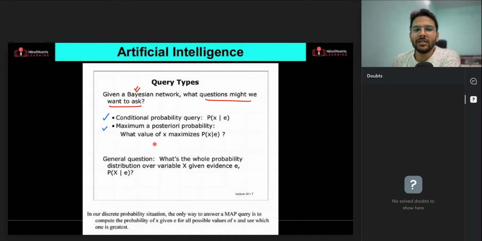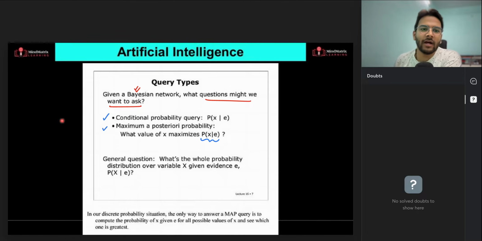We can also ask for the maximum a posteriori probability. That means for every X given E, we can find the probability and we can find the argmax. That means for X equal to X1, X2, X3, and so on up to Xn, we can find which value of X has the maximum probability given E. Yes or no? These types of questions can also be asked.